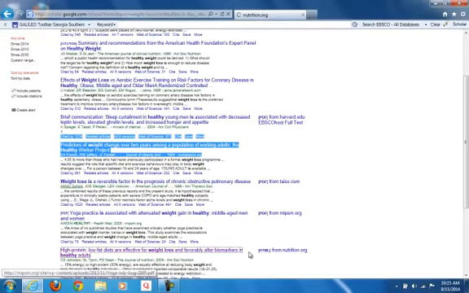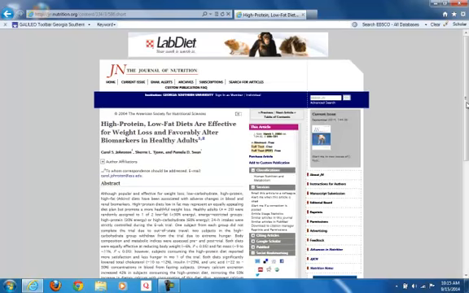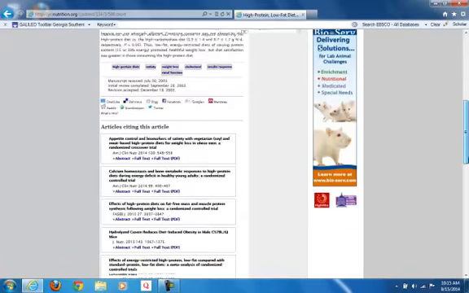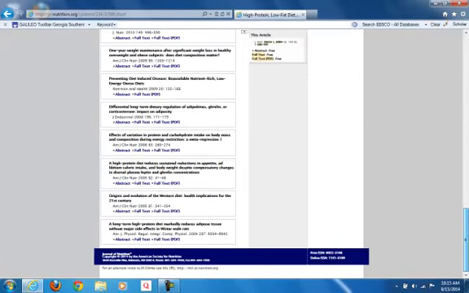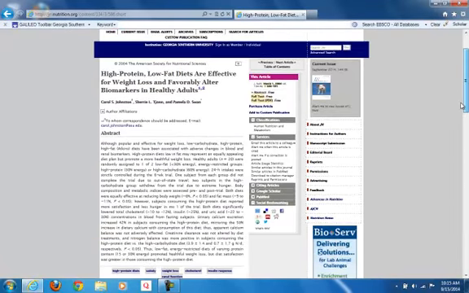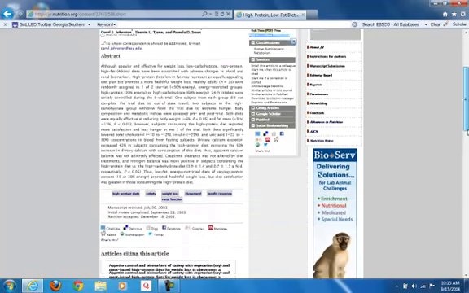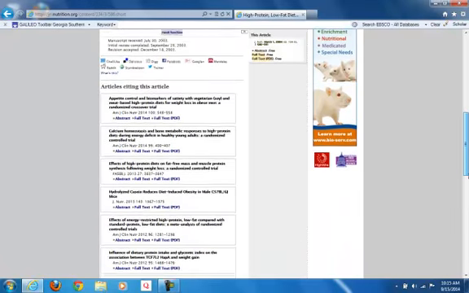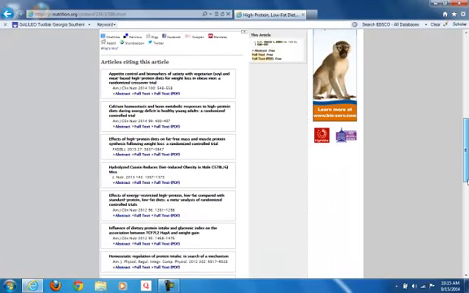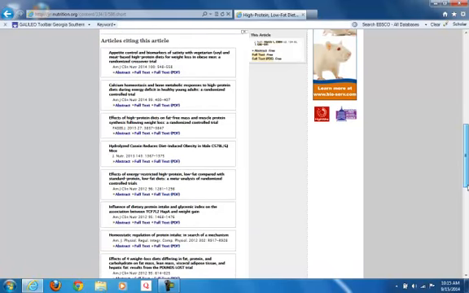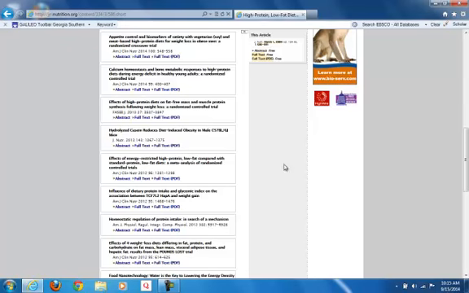This looks interesting, and it isn't a book. It gave me an abstract of it and then a bunch of little articles. Maybe I'll look at one of these. Effects of high protein diets for fat free.